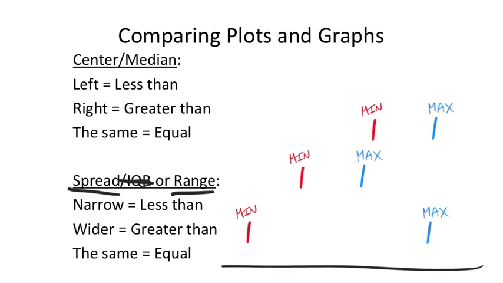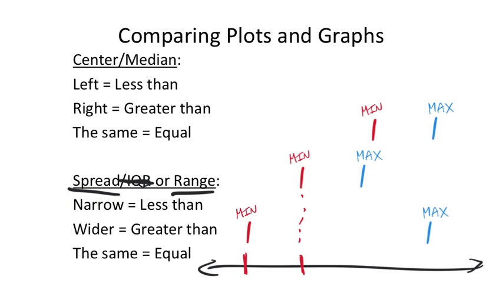So at the bottom here, they're going to have a number line for you, and they'd say, compare this minimum to this minimum. Well, I can tell that this minimum is further to the left and this one is further to the right, so this one's bigger than this one. However they want you to compare them, they'll tell you. We probably won't see any that are the same. That's minimums.